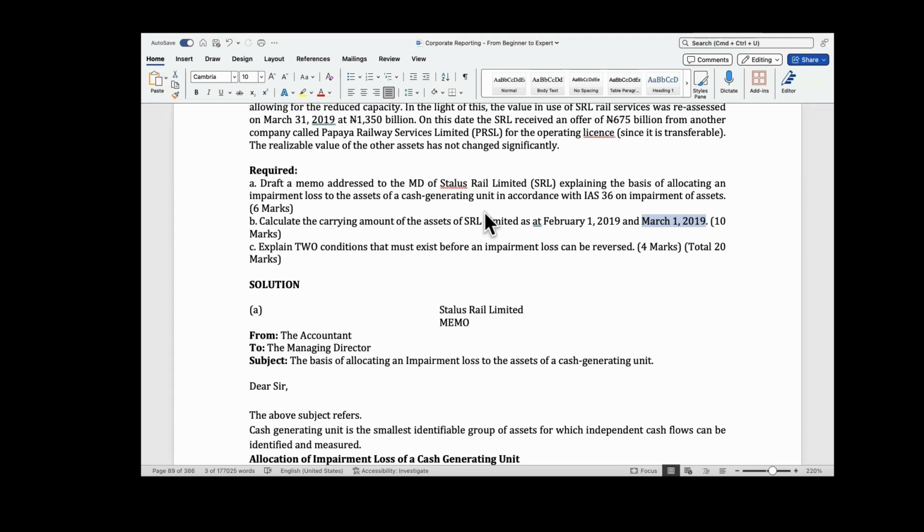Then the second one, are we going to prorate it as we prorated the other asset? Yes, we would have prorated it. Okay, thanks.